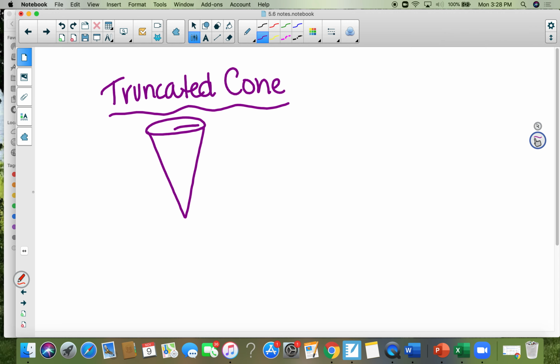A truncated cone is upside down. It looks like this.